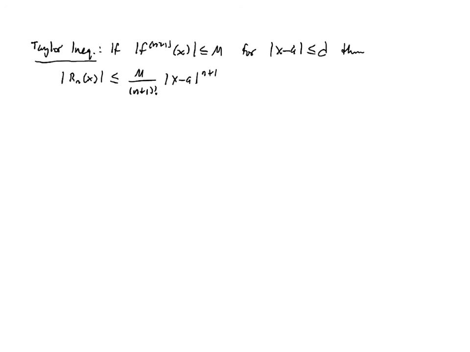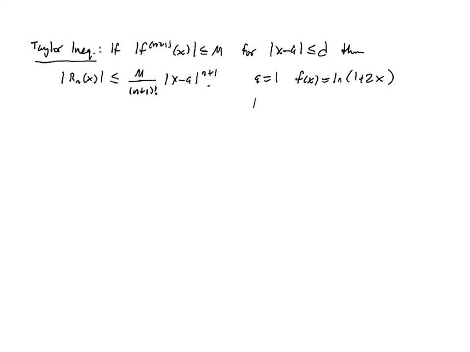So as we did in the previous video, we have to find out what the M, the n, the a, and d such is in our situation. So remember that we have a equals 1 and f of x equals ln of 1 plus 2x. I'm going to need to take the fourth derivative of this function, which I have done.